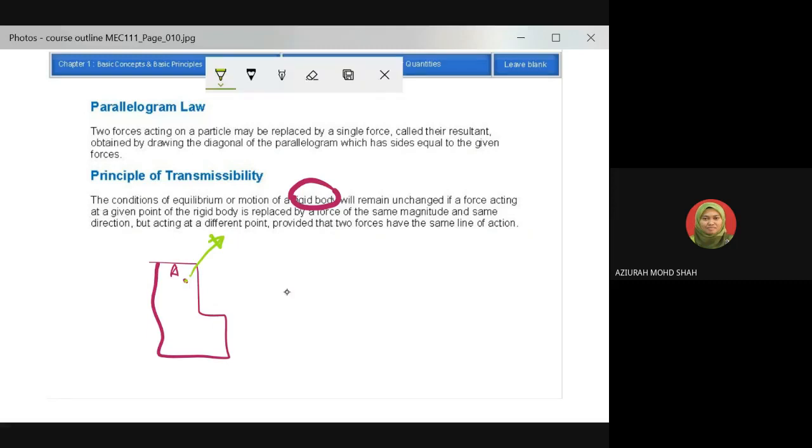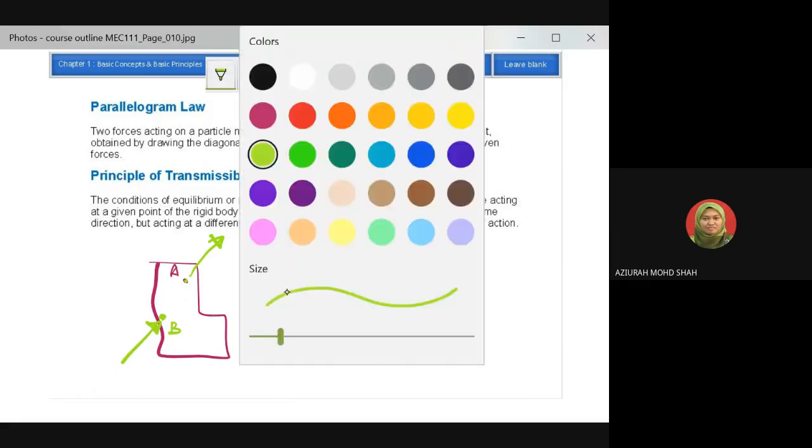So dia kata kalau kita ubah, if a force acting at a given point of the rigid body is replaced. Replace, kita tukar kat satu tempat. This is B. Kita pindahkan dia kat sini. Contoh, saya pindahkan kat sini. Saya tak buat kat atas tu sebab dia penuh sangat, nanti susah kamu nak nampak.